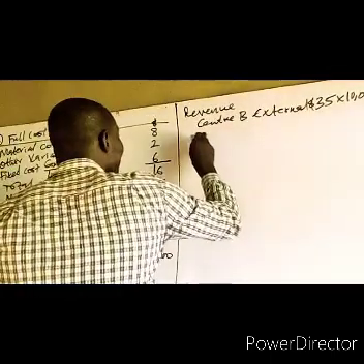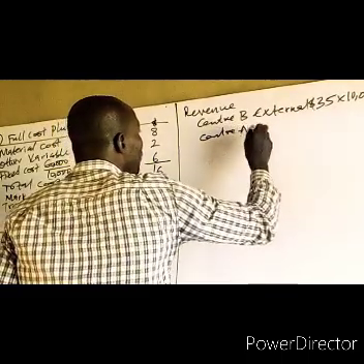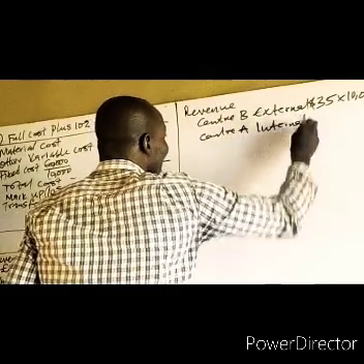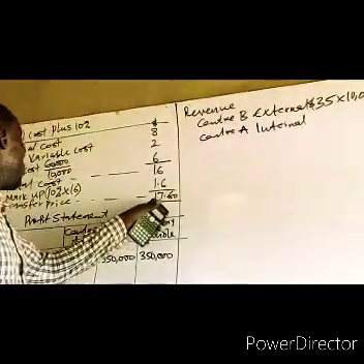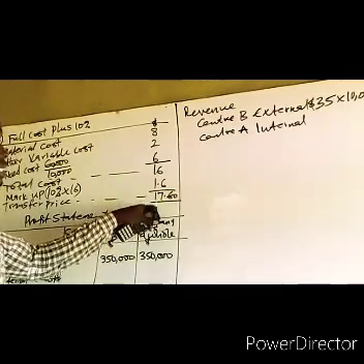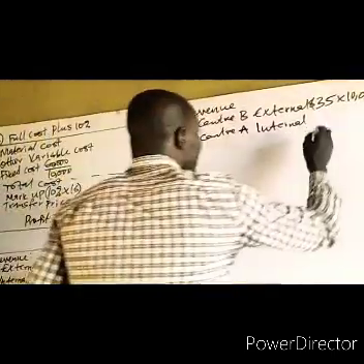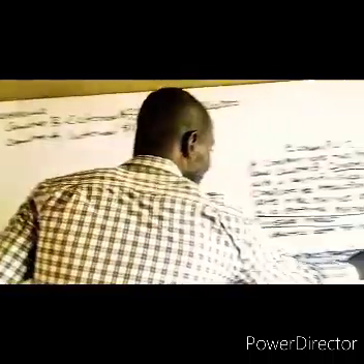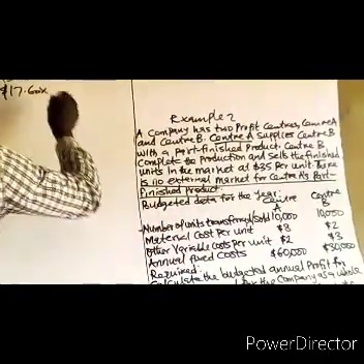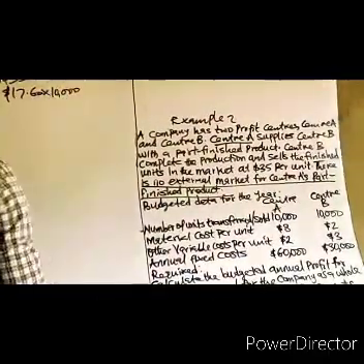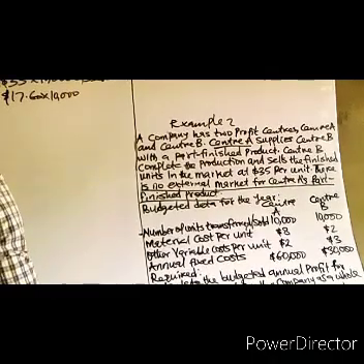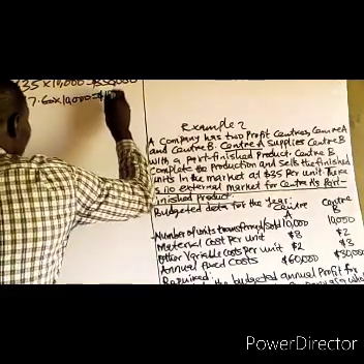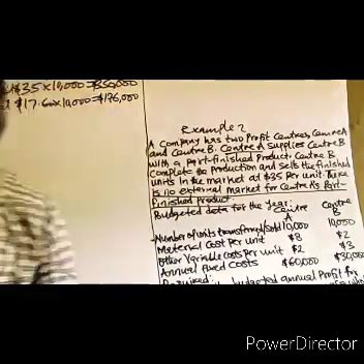Then center A has revenue from internal transfer. That internal transfer will be made at the transfer price, which is $17.60, multiplied by the number of units transferred. The number of units transferred is 10,000 units. So we have 17.6 times 10,000, and that will give us $176,000.